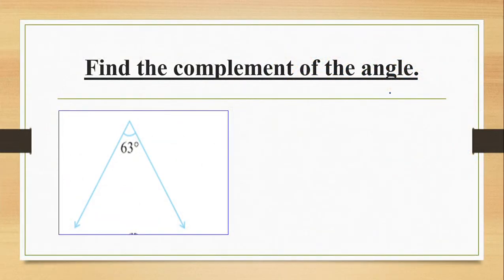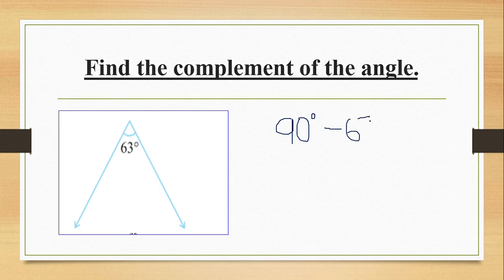Now students, it's your duty. You have to find out the complement of this given angle. Now just pause this video for a few seconds and do it on your own. I guess you have completed your work. So let me do this question for you. I'm going to subtract this number, which is 63, from 90.